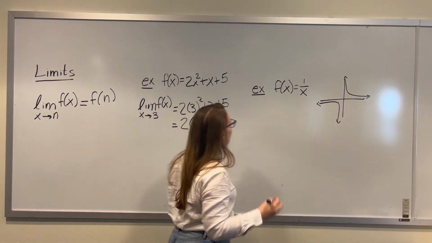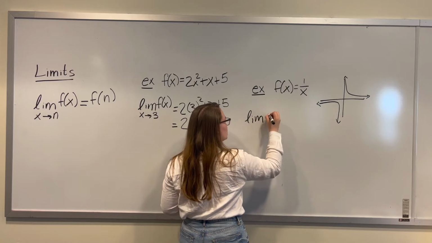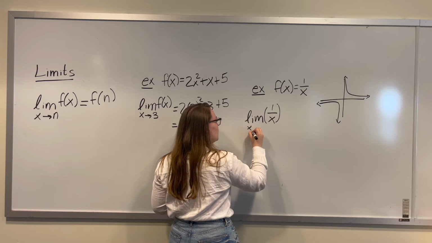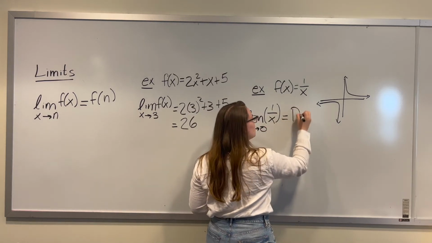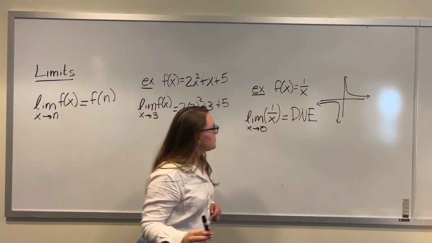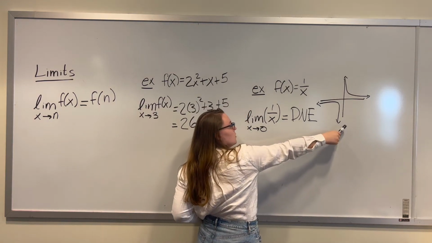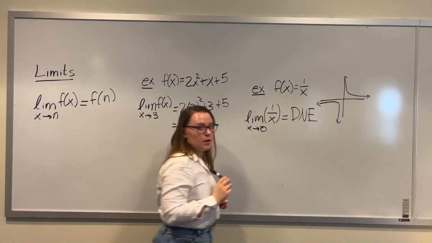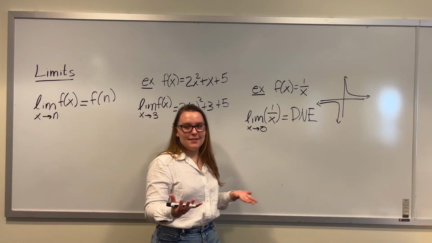So if we take the limit of our function 1 over x and we send x to 0, we get that it does not exist. Because if we look here, when it's 0, it is both negative infinity and positive infinity at the same time, which cannot happen, so it does not exist.